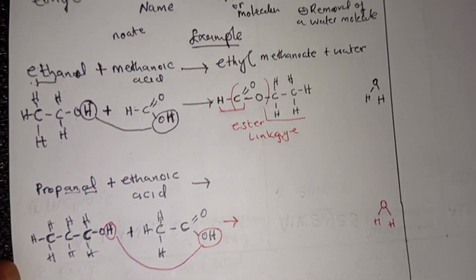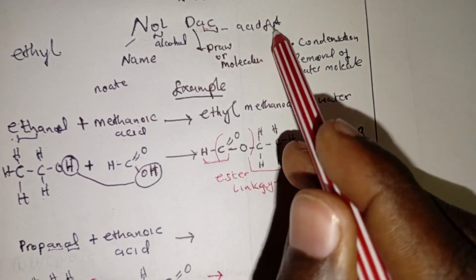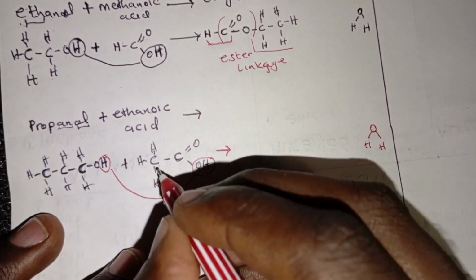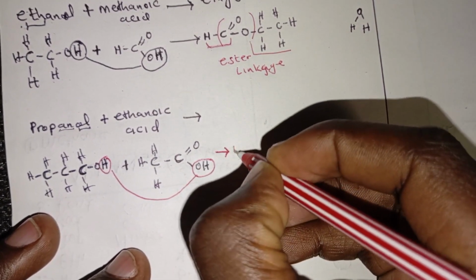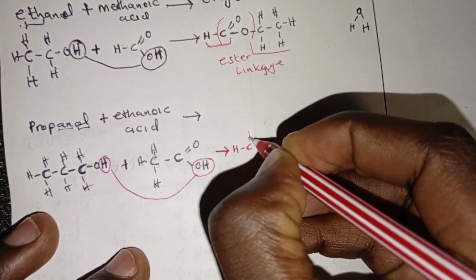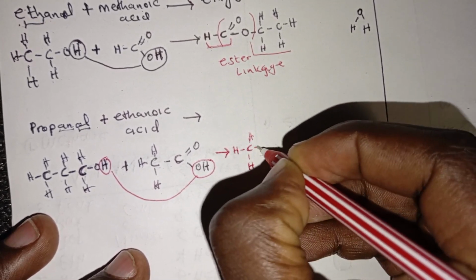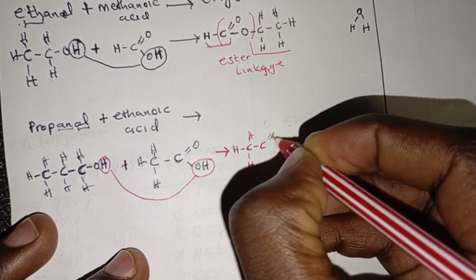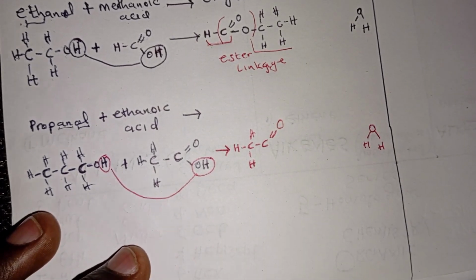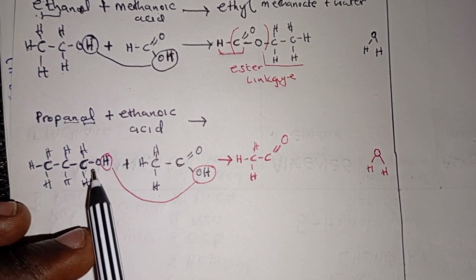Okay, we said that when you are drawing, draw the acid. AC means acid, so draw the acid first. So you're going to draw the acid, that is HC, then C, and then like I said, this is where the link is taking place. You link it to this.